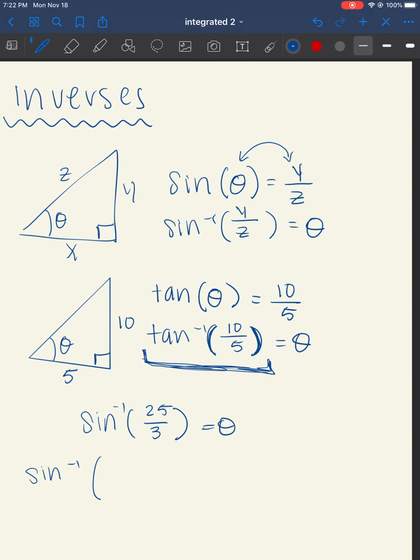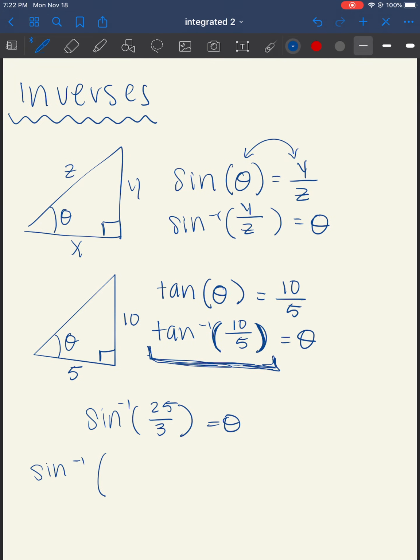If your calculator can put in whole fractions, then you can put in whole fractions, but a lot of graphing calculators can't do that. It's just like a train of numbers, so it'll look like this instead of looking like that. That probably won't make any sense until you look at the difference between the two calculators, but you would want to put it in as sine inverse of 25, whether it's a slash or this kind of division symbol, over 3, and then you'd solve for whatever that number is.